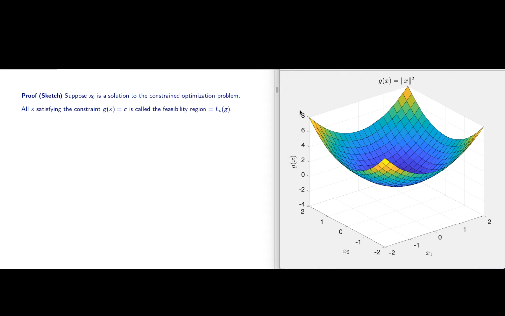So in our example, if c is 2 and my constraint function is g of x equals the norm squared, then my feasibility region, all x for which g of x is level at 2, is a circle.